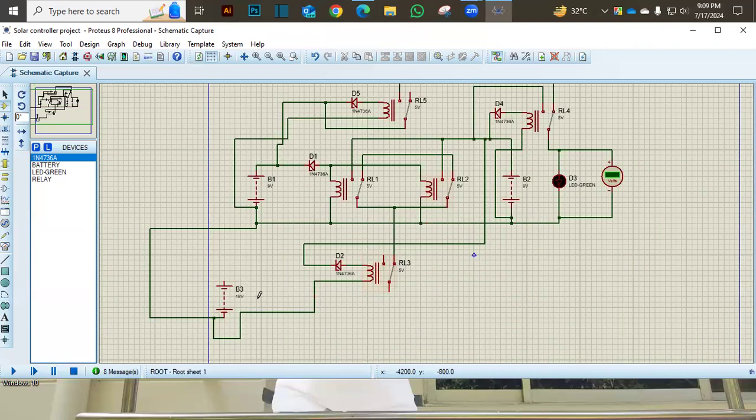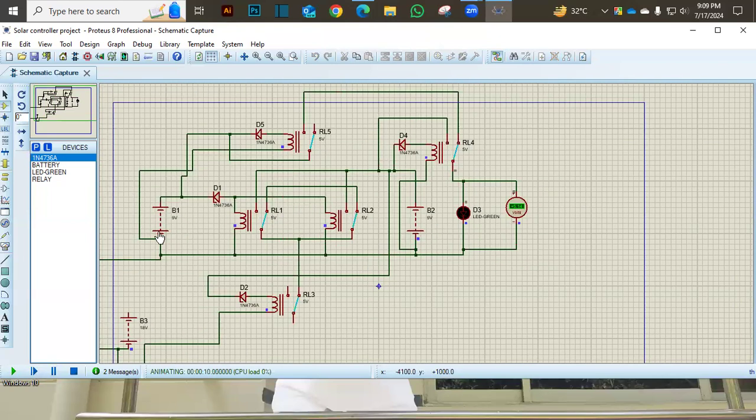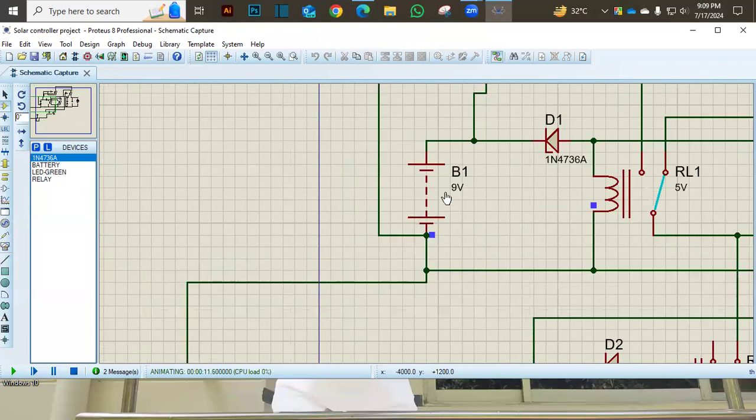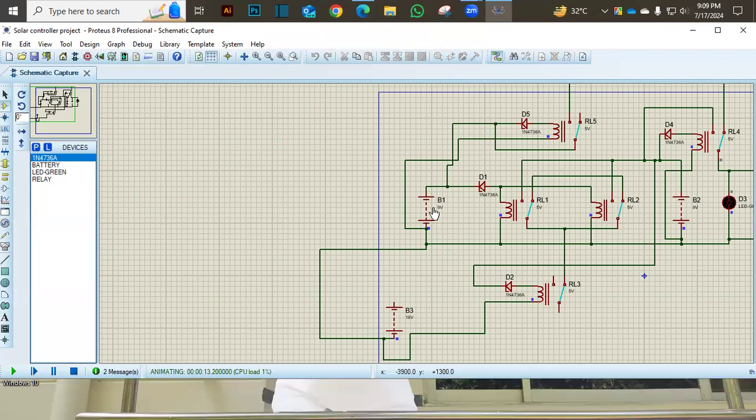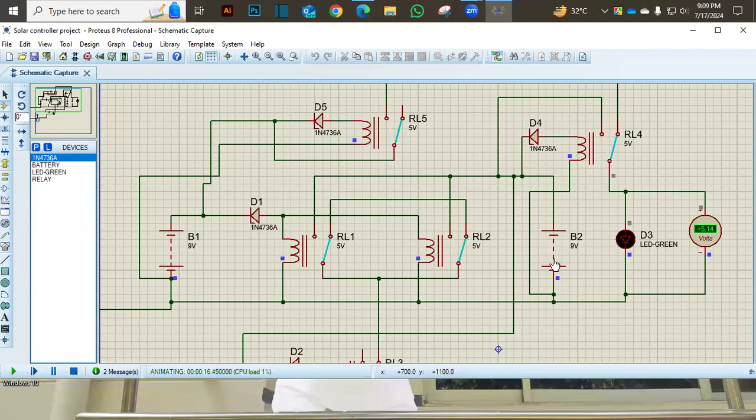So basically what is happening here is, if our solar system is out of our system, then no load is operated here. That's because there is a problem: our second battery is at low voltage. You can see here, this is just 9 volts. Our first battery also has low voltage, that is 9 volts. That's why both of our batteries are out of our system.